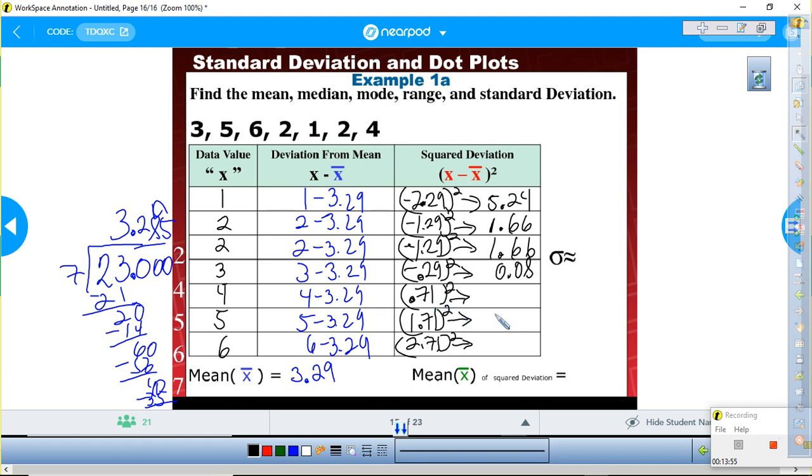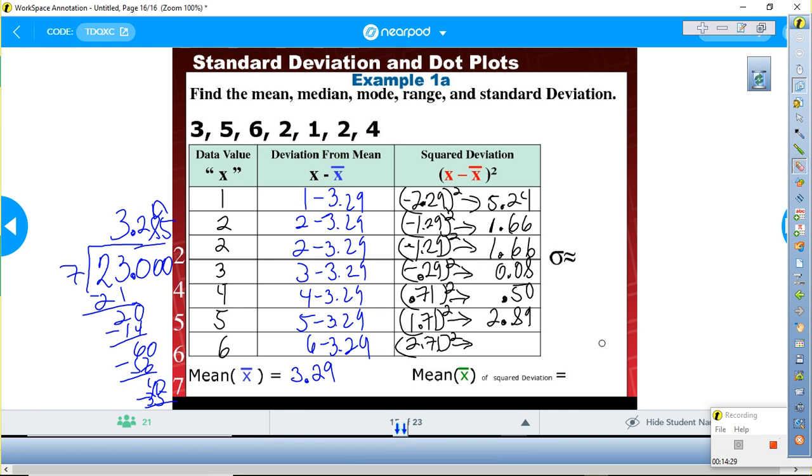How about 0.71 squared? Jaylene. 0.50. Hands if you got that. Okay, so far so good. 1.71 squared. 2.89. Hands if you got that. We got something different? Kelsey? 2.92.